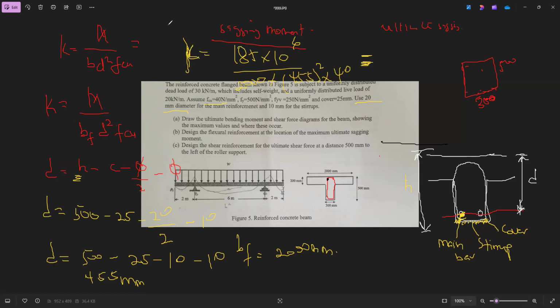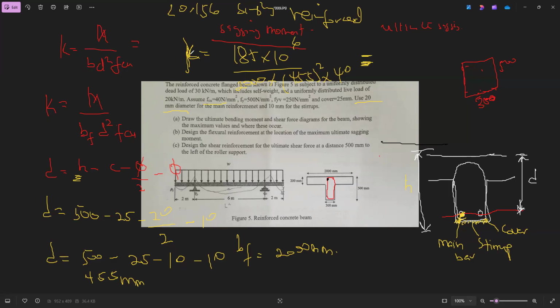So this K, after we are done, if it is less than 0.156, then it is singly reinforced. If it is more than 0.156, it is doubly reinforced, but we will keep 0.156. So the value of K doesn't exceed 0.156. If it exceeds, you use 0.156. You get it?